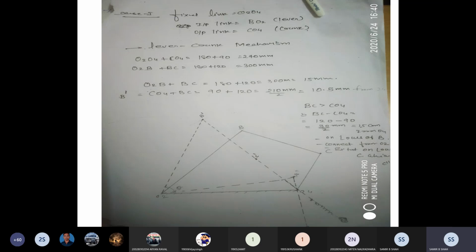We know very well that CO4 is equal to 90 mm and BC is equal to 120 mm. Based on that, it may be 210 mm. I am taking the scale of 1 by 2, that's why the reading is 105. If it is 210, then definitely divide by 2, so I am getting 105 mm. From point O4, you have to create an arc outside of this BO2 line. You will get an arc here, and that may be of 105 mm.